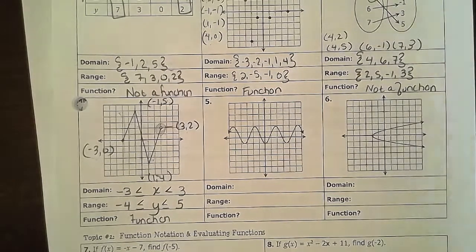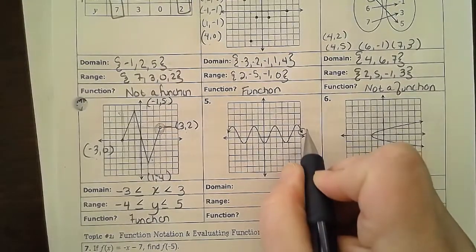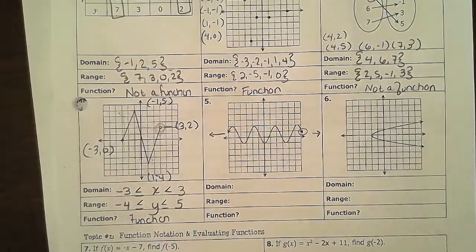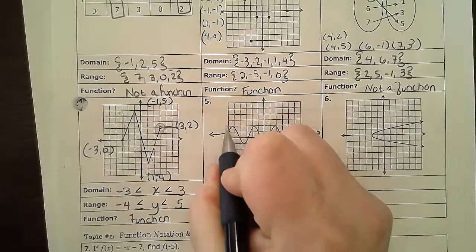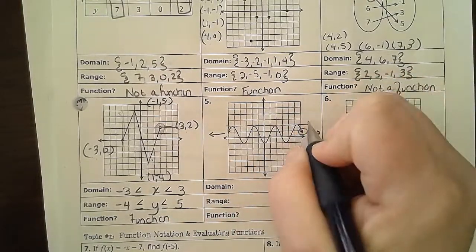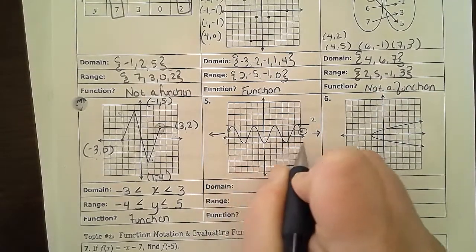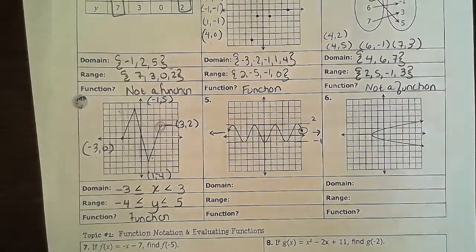Now, here is a huge key with this. What you're going to notice is that this guy keeps going to the left and right forever and ever, okay? It seems to have a maximum y value at 2, right? And it has a minimum y value at -1. And our domain seems to go on forever and ever.